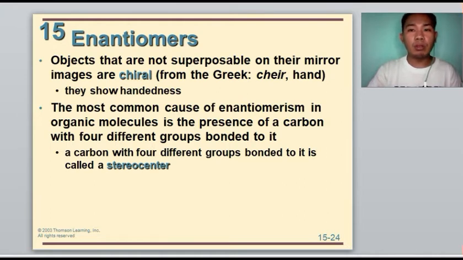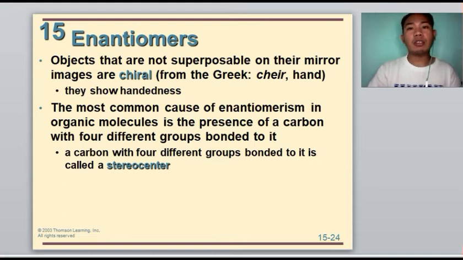Because 2-butanol and its mirror image are not superposable, they are isomers. Isomers such as these are called enantiomers. Enantiomers, like gloves, always occur in pairs. Objects that are not superposable on their mirror image are said to be chiral. That is, they show handedness.